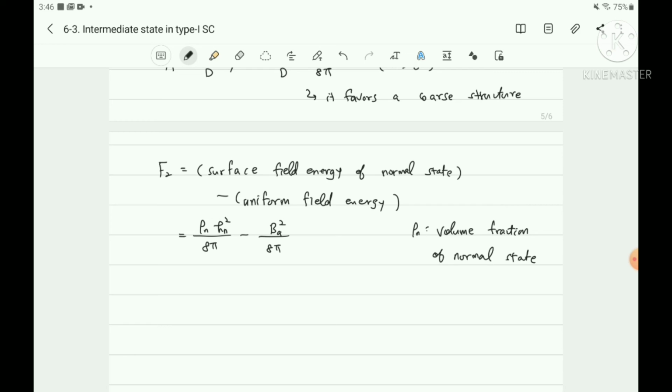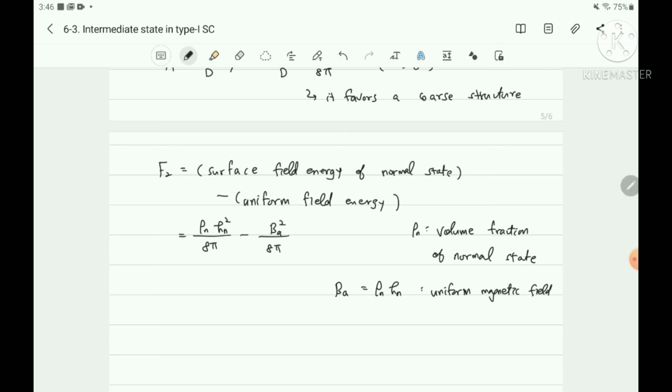Then in the uniform magnetic field, B is rho n Hn, which is natural, because the magnetic field in the outside originates from the penetrating magnetic field from the normal state.